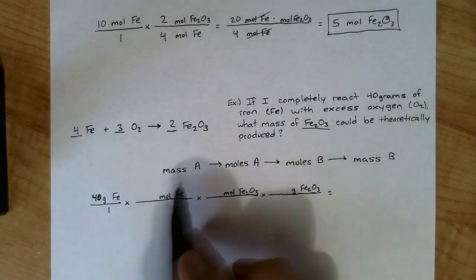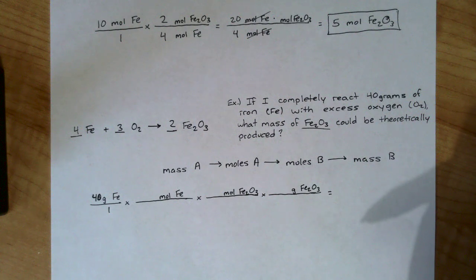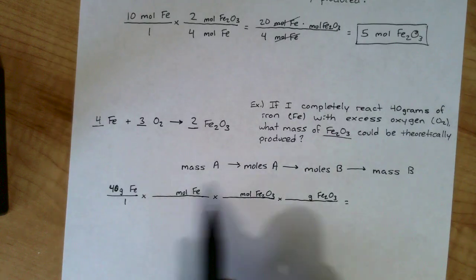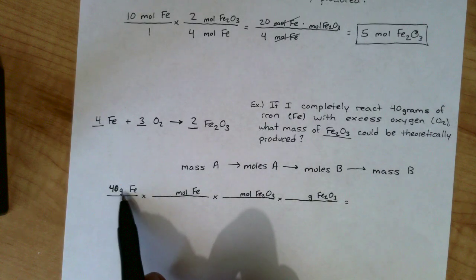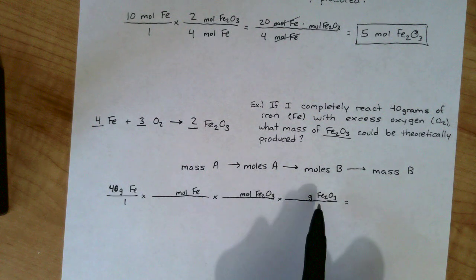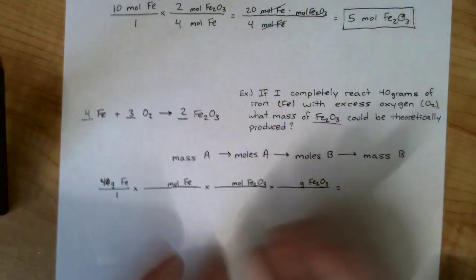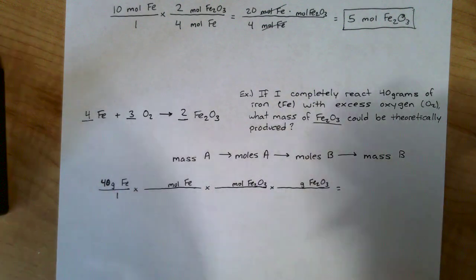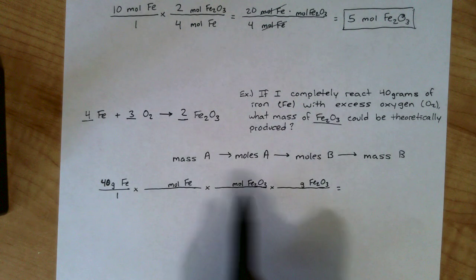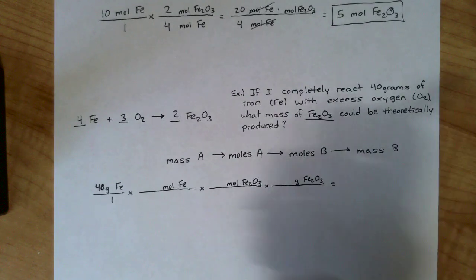So again, A in this case is iron, B in this case is iron 3 oxide, but the sequence must be followed as such. Mass of A to moles of A, moles of A to moles of B, moles of B to mass of B. Now, what do we put in the denominator? What are we going to put down here? How are we going to make sure that none of these units actually get into our final answer? It's very simple.